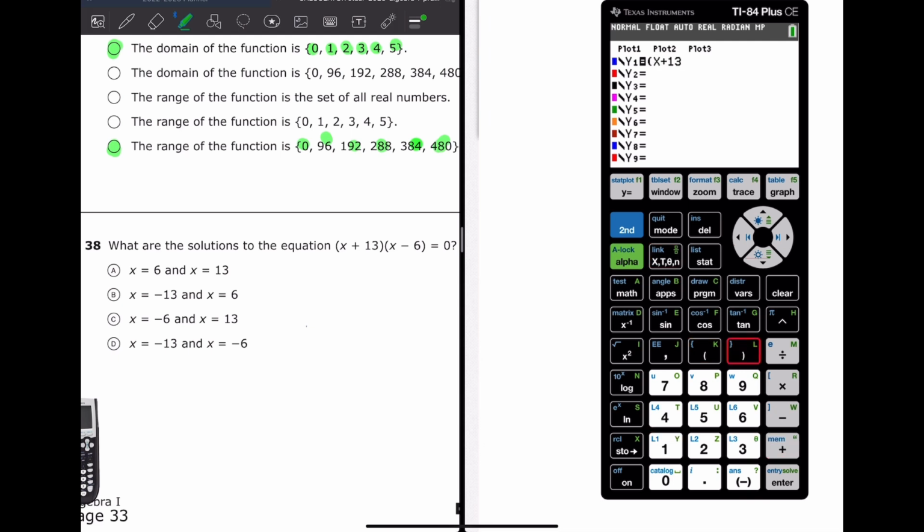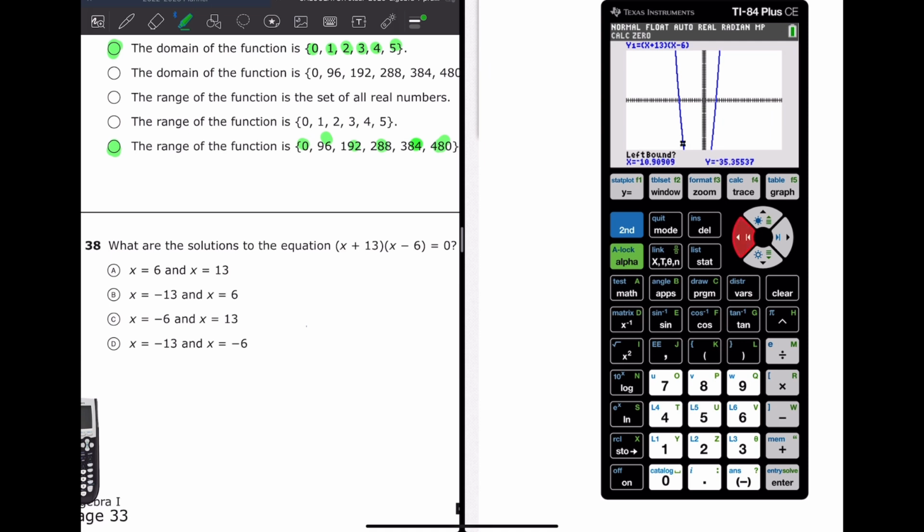On this next one, we're going to type it into Y1. We're going to look for 0.